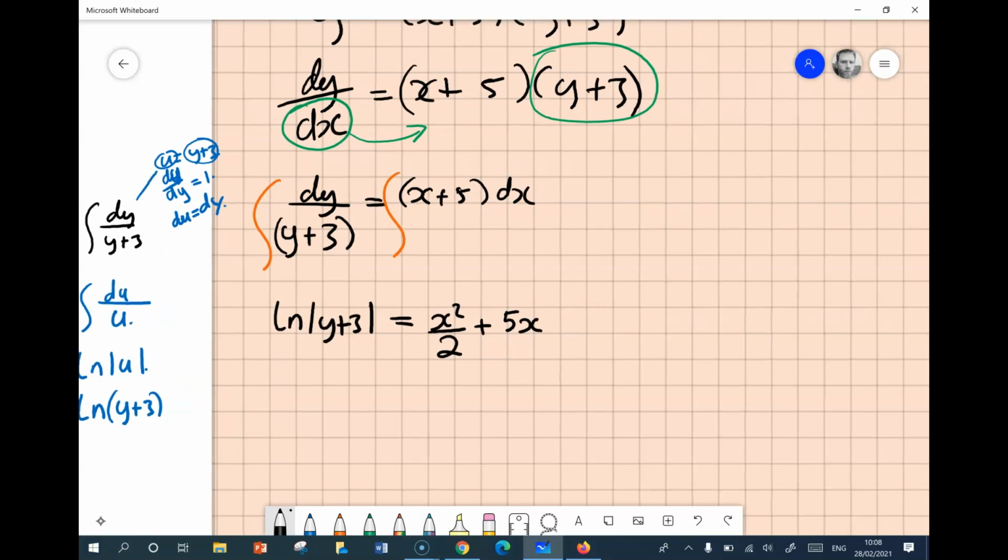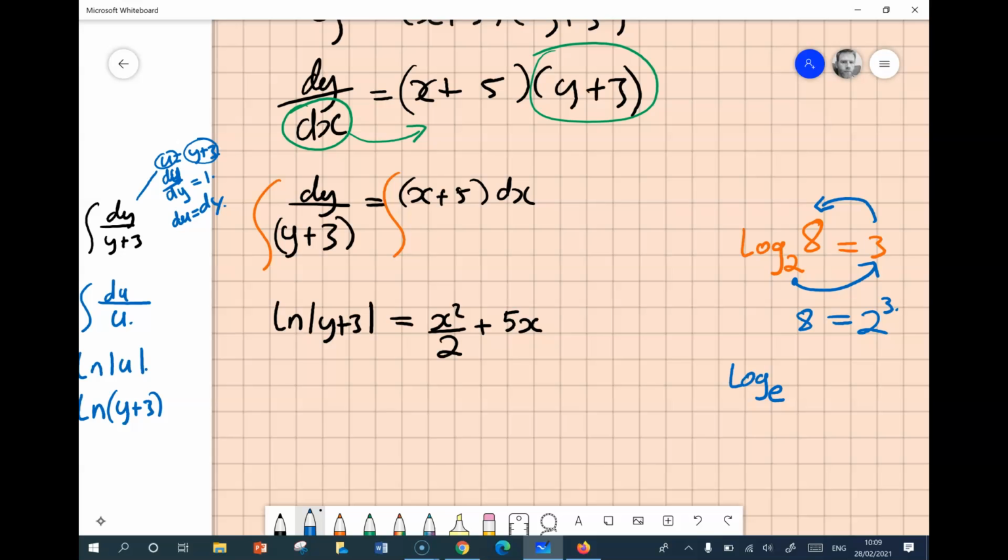So I need to remind myself now how a log works. So the basis of how a log works is if I had the following: log 8 base 2 is equal to 3. Why does that work? Well, basically it means 2 to the power of 3 is equal to 8. So I can rewrite that as 8 equals 2 to the power of 3. Now it's the same thing here, except that when I see ln, that is log base e.